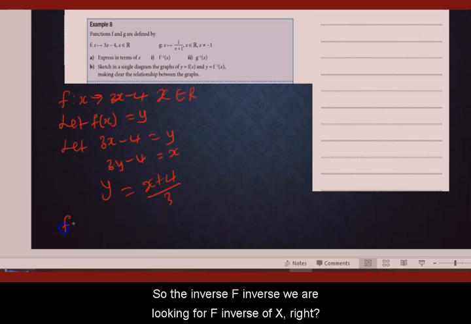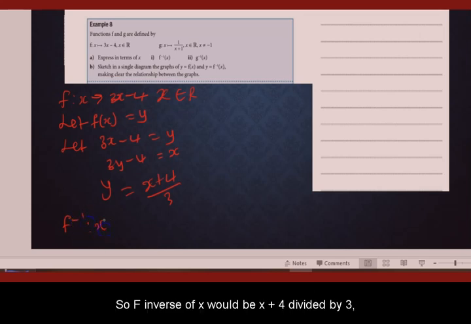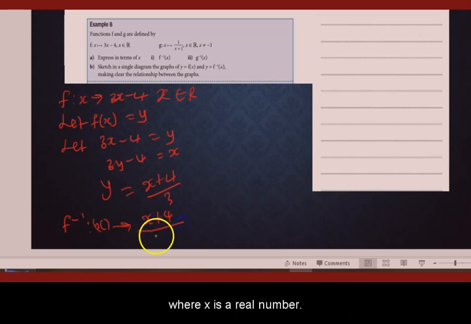So f inverse of x is (x plus 4) divided by 3, where x is a real number, or simply write x is a member of R.